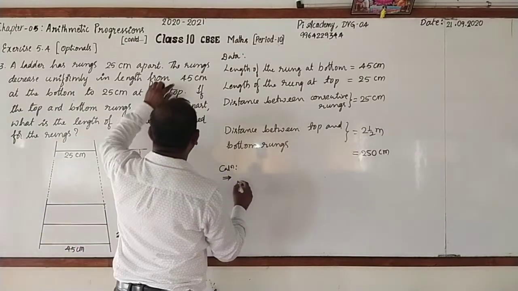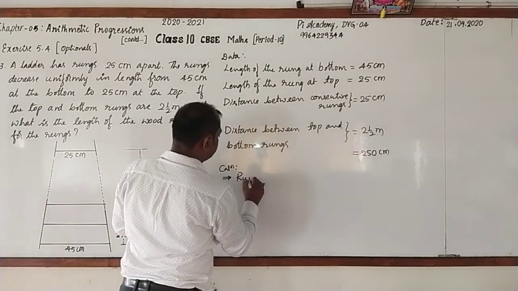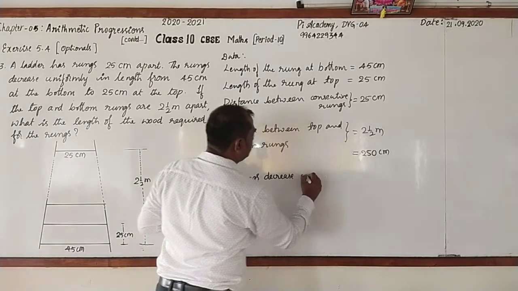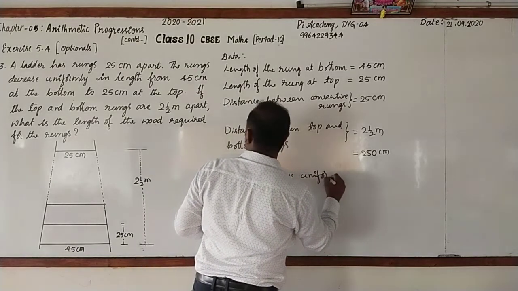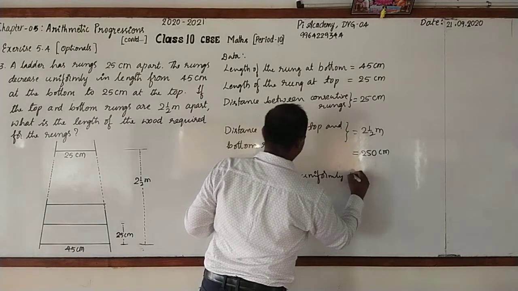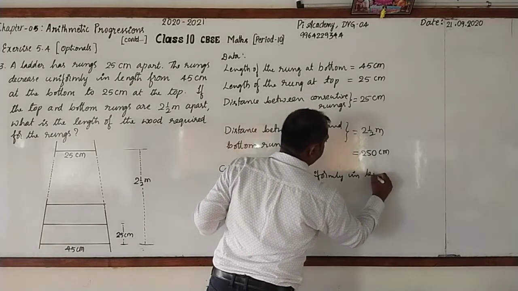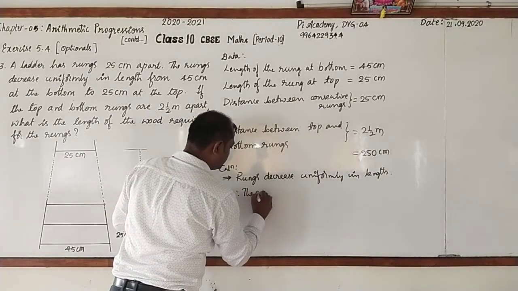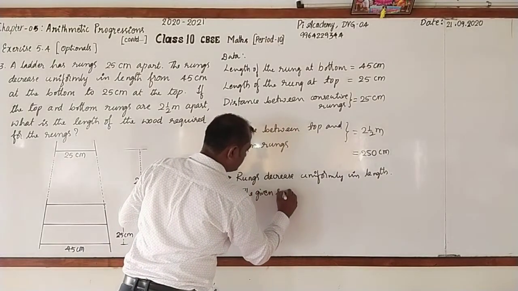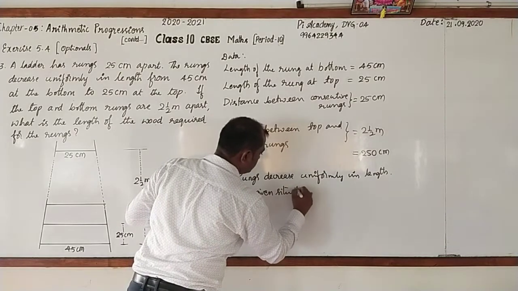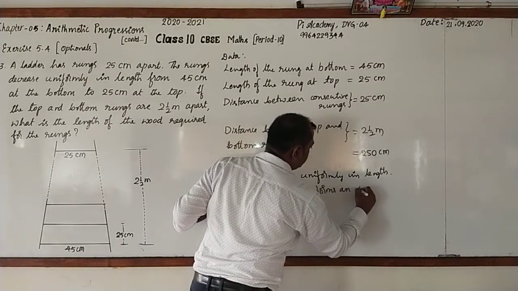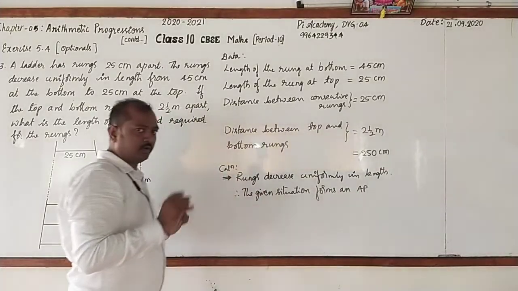Go on writing. Rungs decrease uniformly in length. Therefore, the given situation forms an AP. Followed?